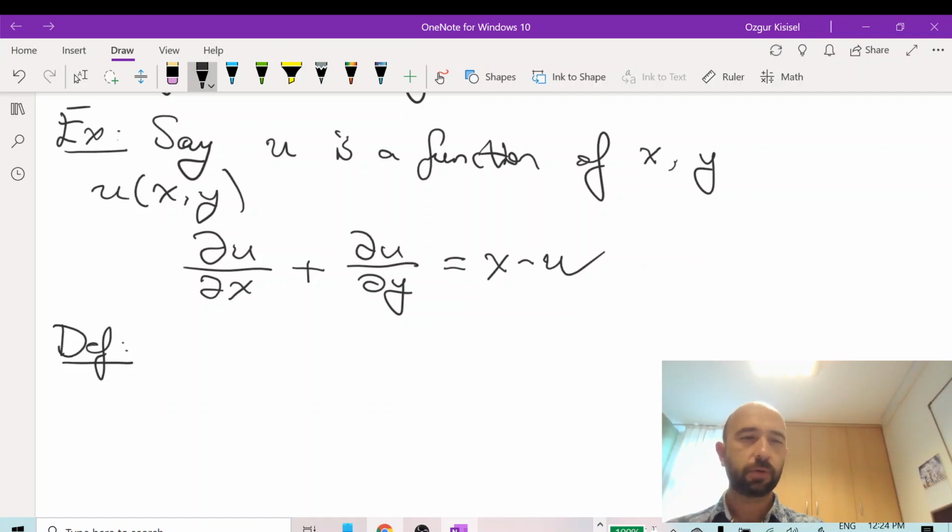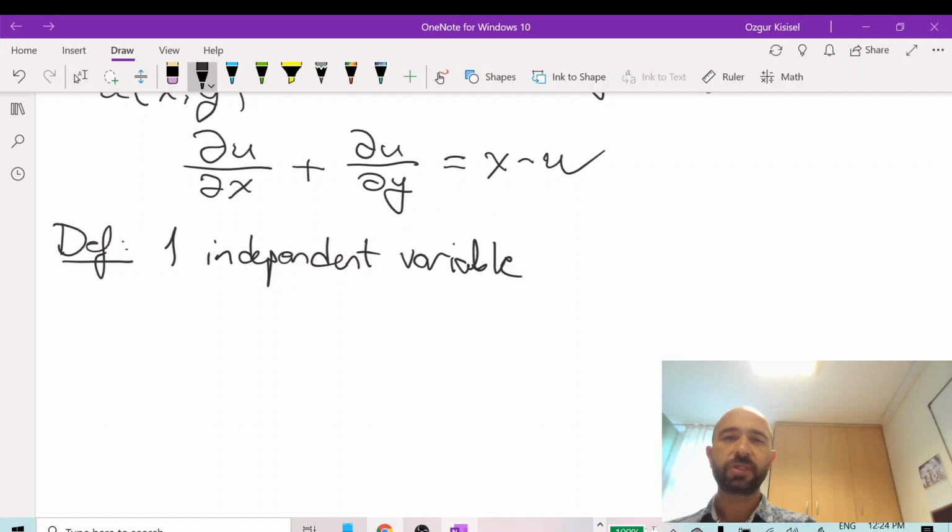If you have just one independent variable, like the t in the first examples, then we say the differential equation is an ordinary differential equation.